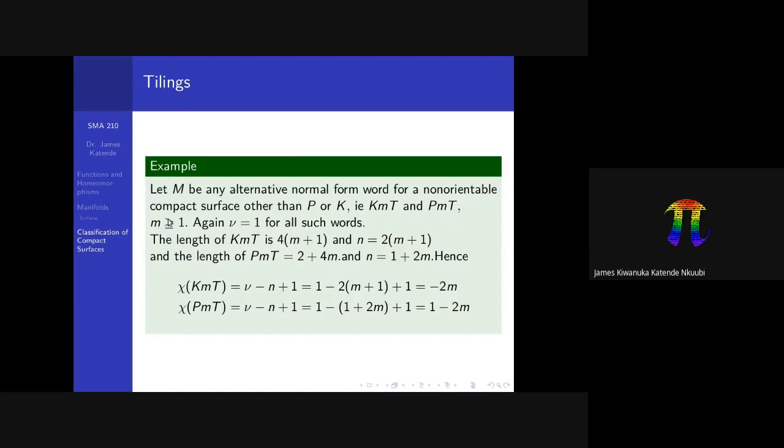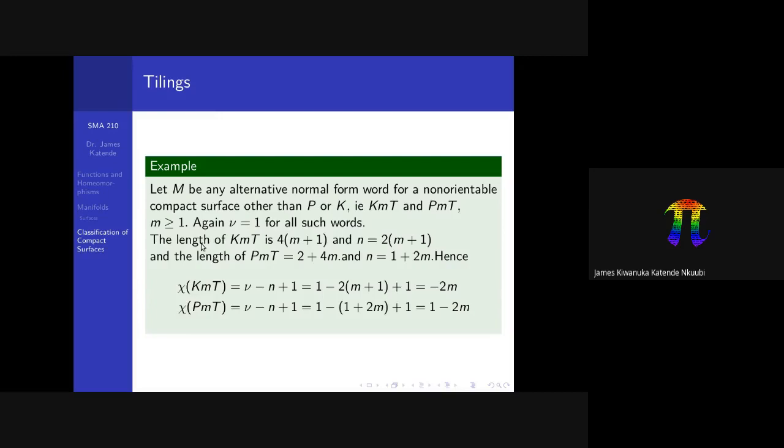So if we again consider values of M that are greater than or equal to 1, for these particular plane models, when you construct the surface, don't worry about whether you can see it now. For now, just take this as a truth. When you construct the surface, again, you'll end up with exactly 1 vertex for the tiling that is induced by the words.